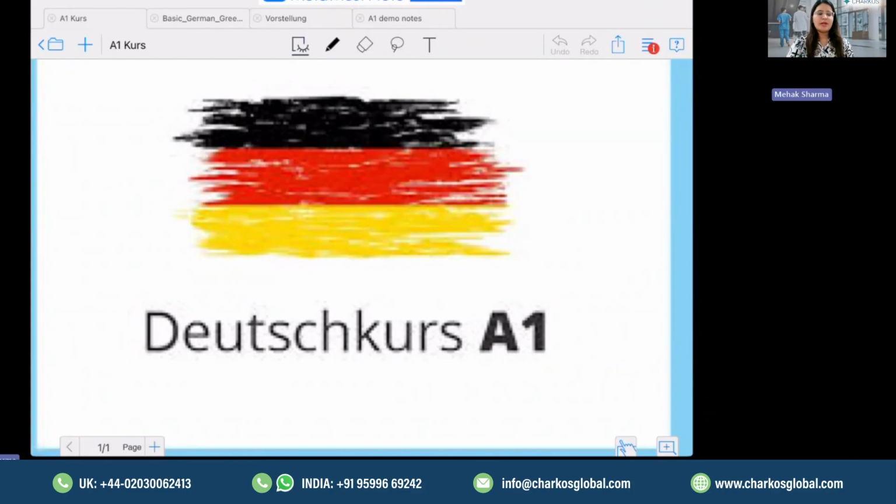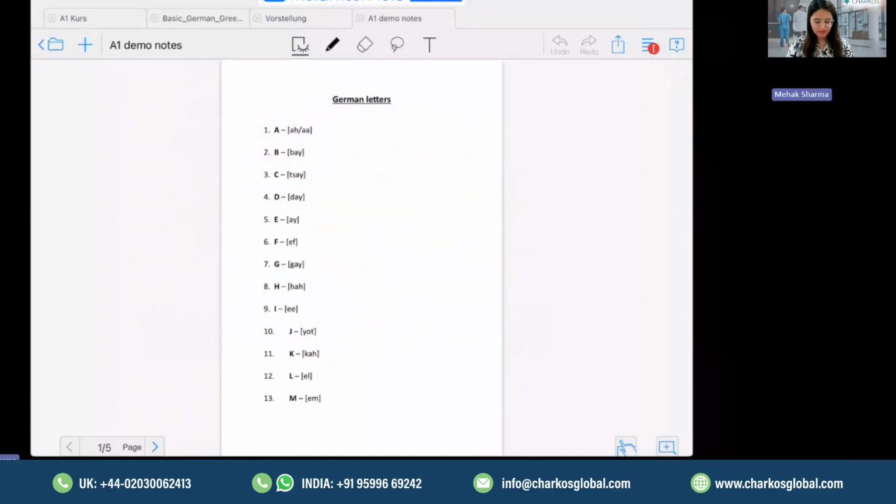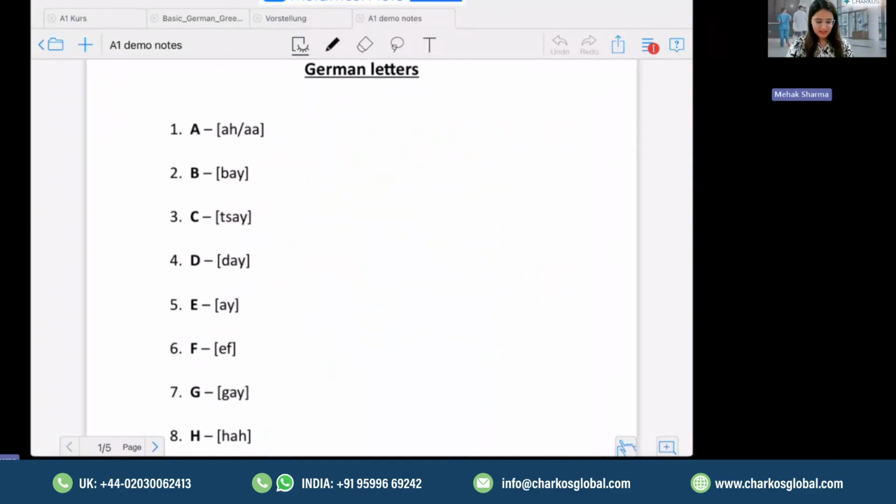So whenever we learn any language, we definitely start with alphabets. Like in school, when we learned English in our childhood, we started with A, B, C, D. So similarly, we are going to start here with the German letters. As we all know, in English we have 26 letters.